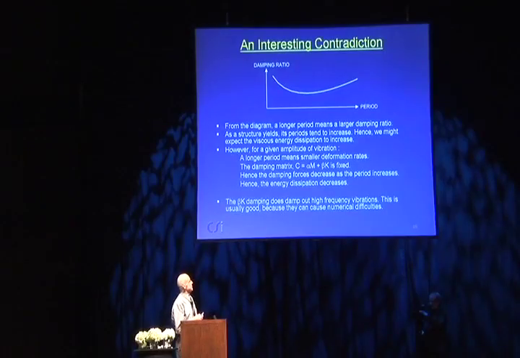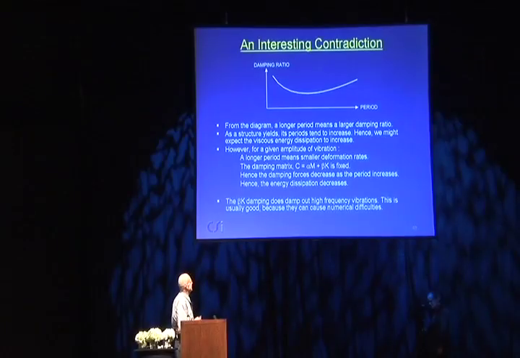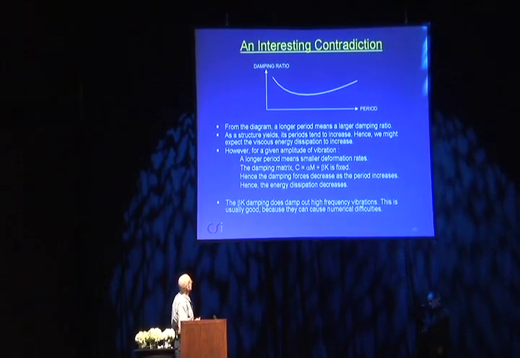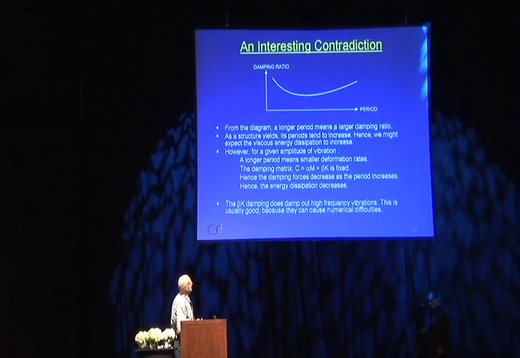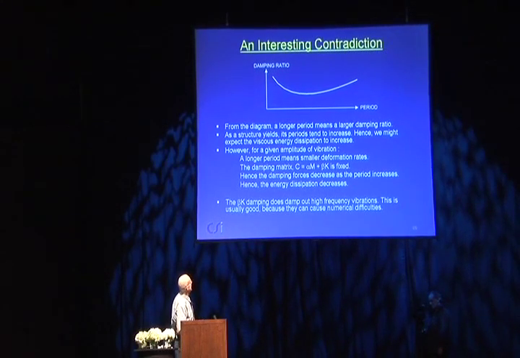This would suggest that as the periods increase, the amount of Rayleigh damping should get larger because of the increased period. However, that's not correct. I used to think that too, but the reasoning is false. As a structure yields and periods tend to increase, we might expect the viscous energy dissipation to increase. But let's look at this.